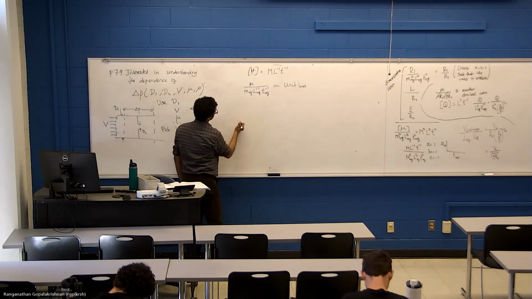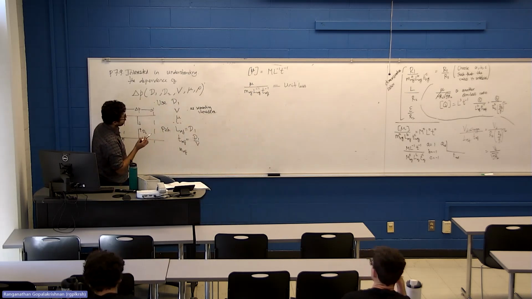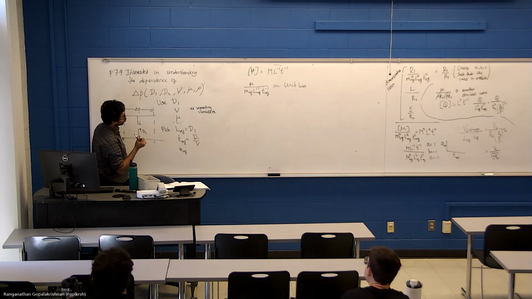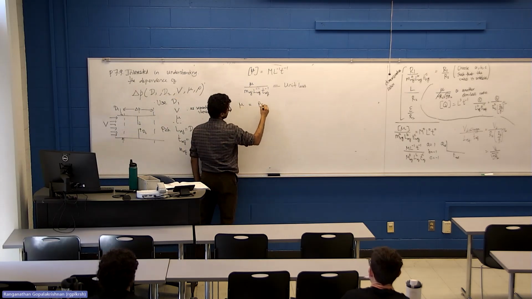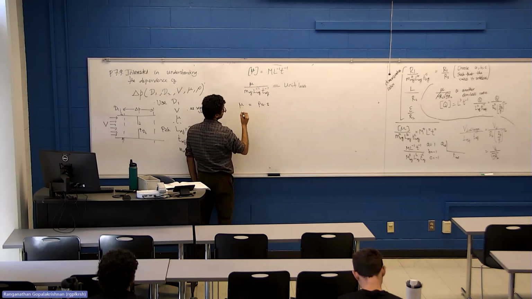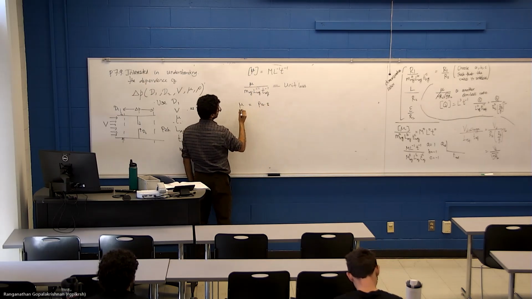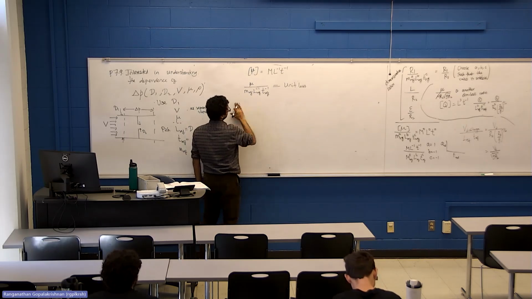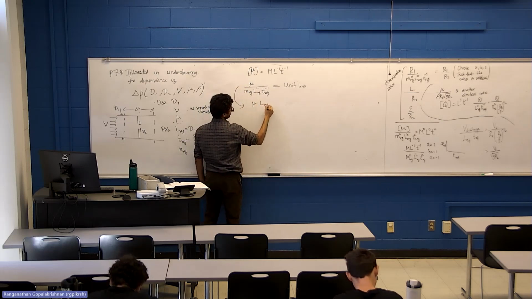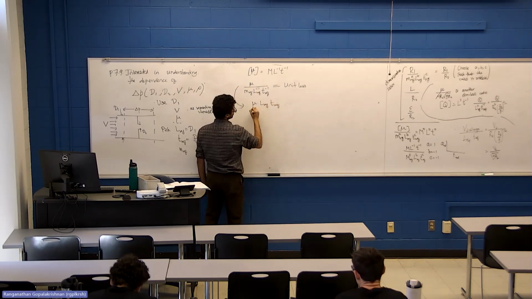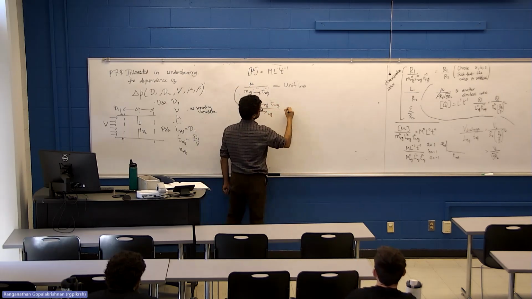So that means viscosity multiplied by L ref multiplied by T ref divided by M ref must be unitless.